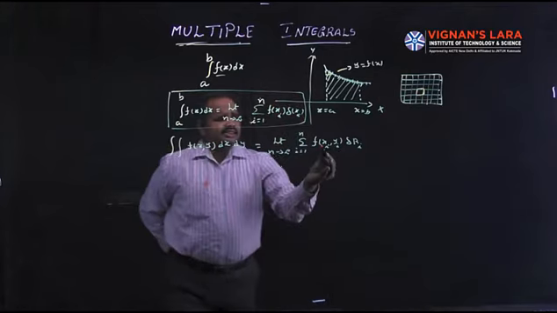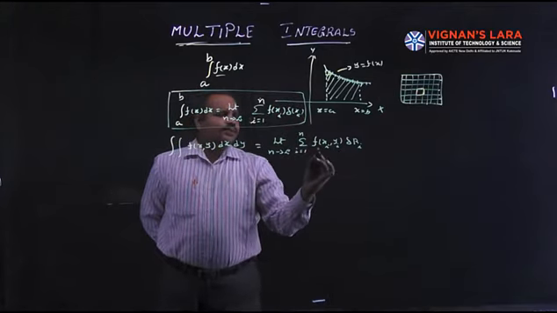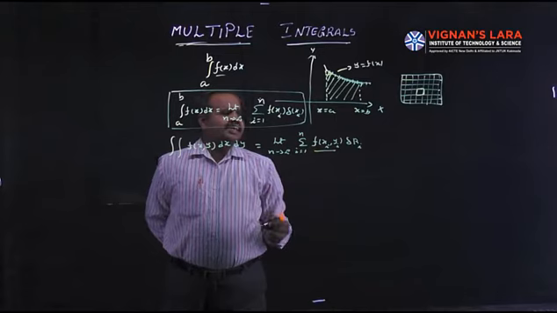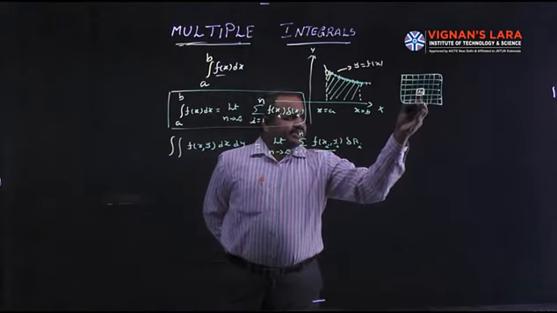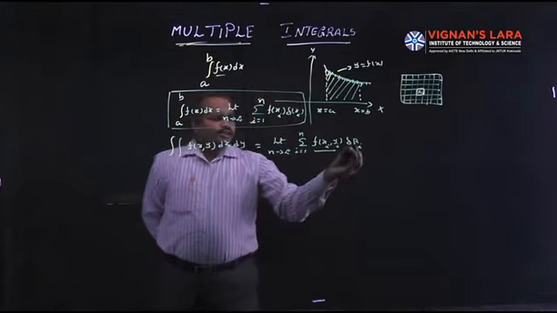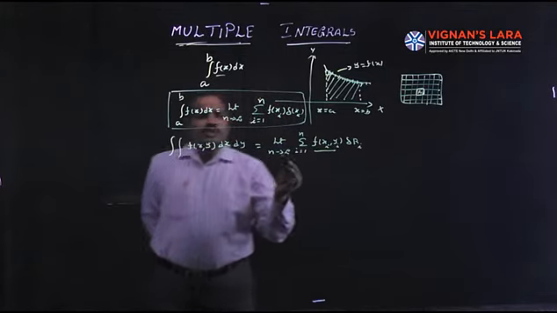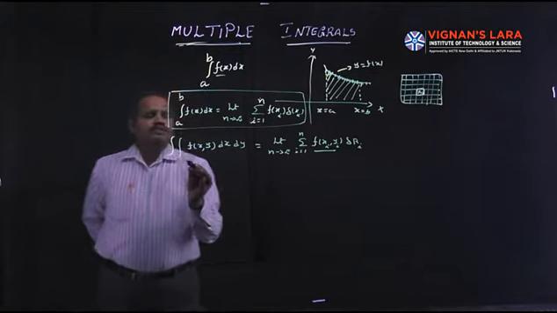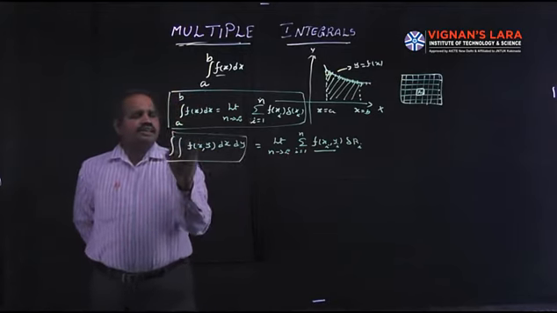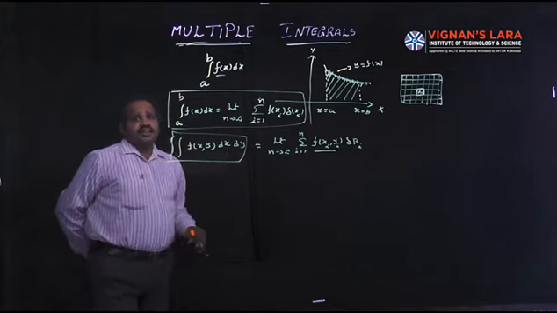The ith region form is sigma i equal to 1 to n f of xi comma yi delta ri, where delta ri is the size of this region. We add this total sum, and as limit n reaches infinity we get the double integral f of x comma y dx dy.